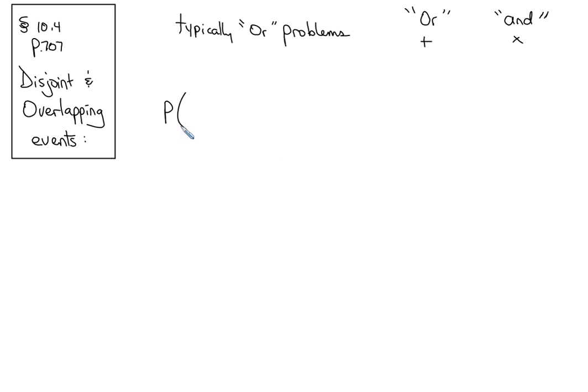What is the probability of drawing one card? So here, we're going to draw one card from a standard 52 card deck. We want to know what's the probability of getting a heart or a diamond.